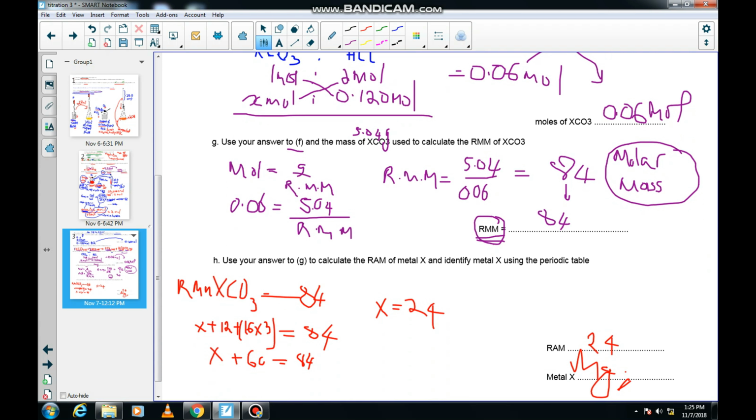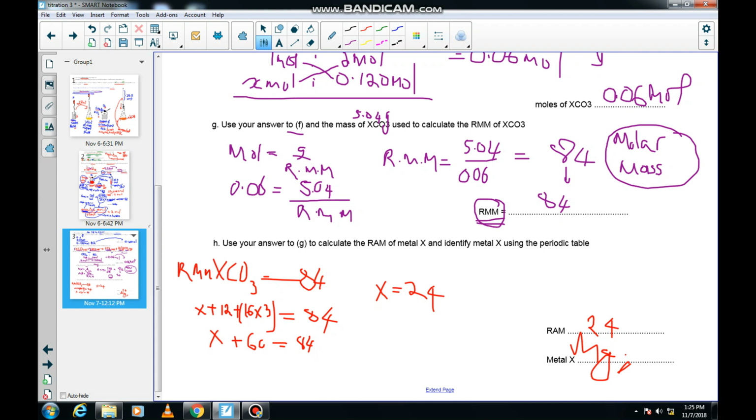Then H says use your answer to G to calculate the relative atomic mass of X and identify X. The relative molecular mass of the carbonate is 84 according to the calculation. So this means the mass of X plus the mass of carbon, which is 12, plus the mass of the 3 oxygens should give us 84.